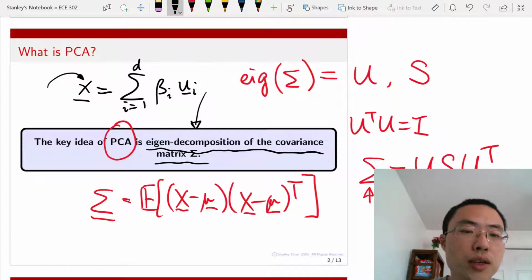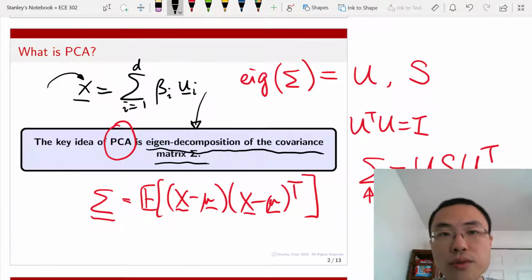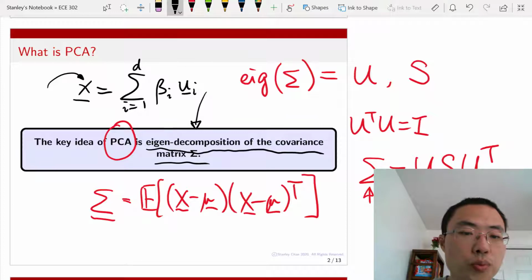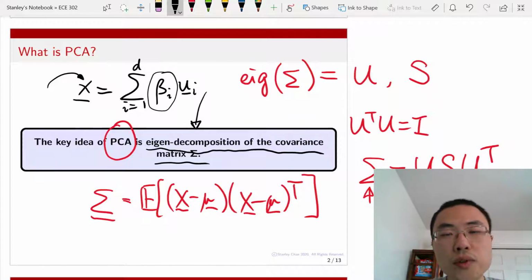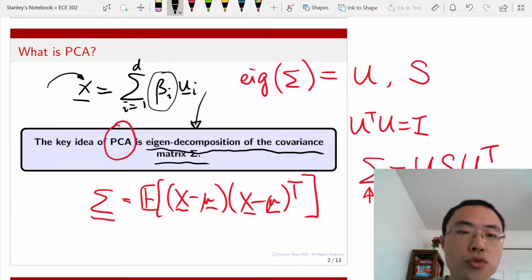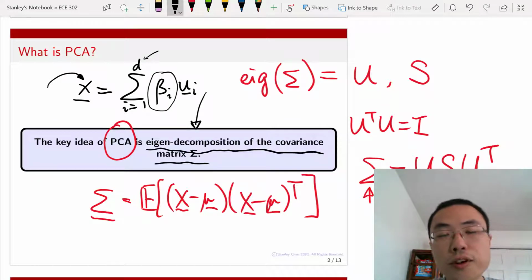And then, instead of looking at the x, which could be a high-dimensional vector, all you need to do perhaps is just to look at the coefficients that are representing this data point x. And usually this d can be a lot less than the number of elements in this x, and therefore you will be able to do a data dimension reduction.